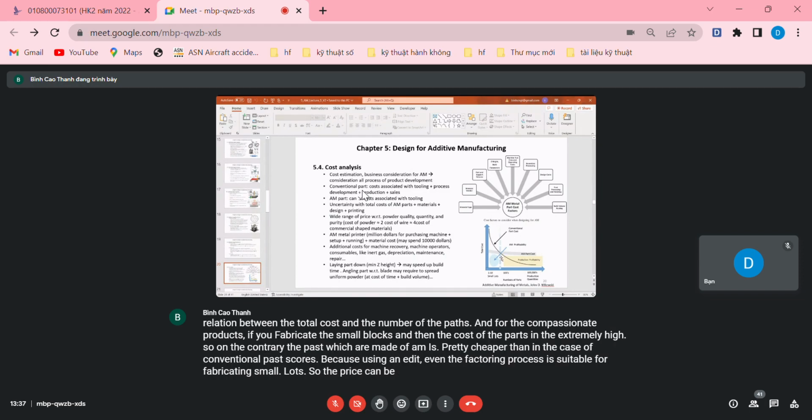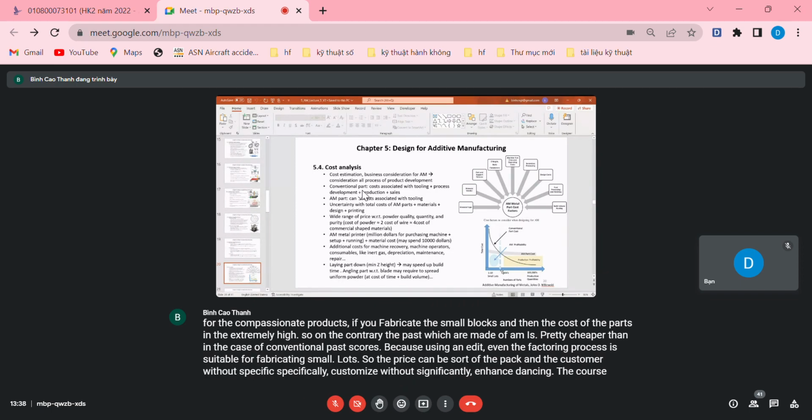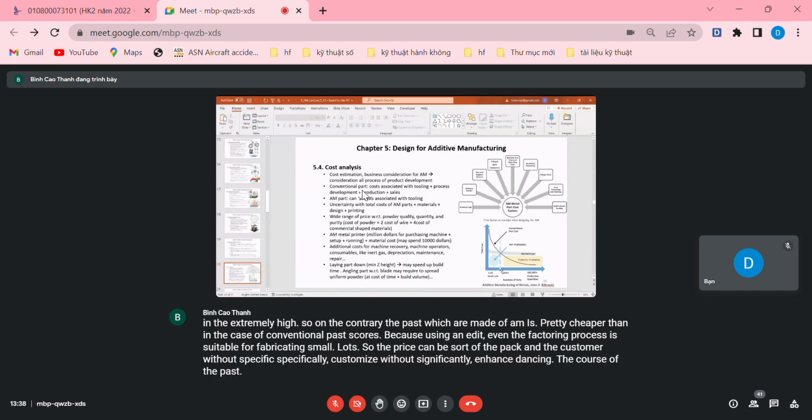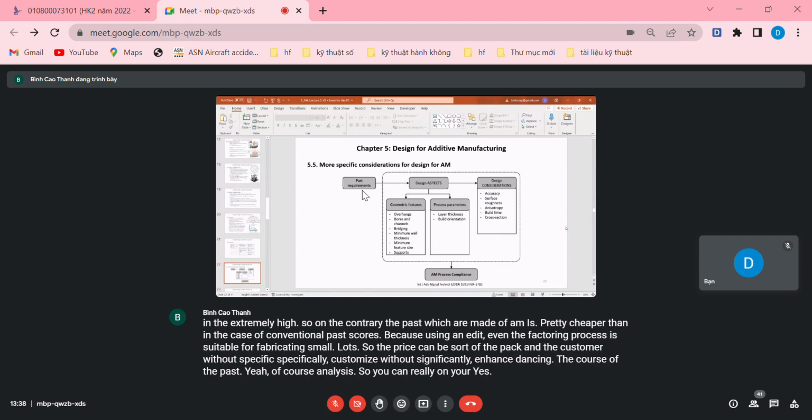So the part can be customized without significantly enhancing the cost of the part. Cost analysis, so you can read it on your own.